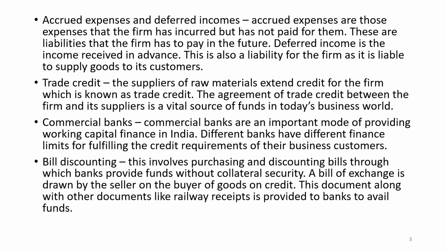The supplier who has supplied the goods to the company will give a credit period of 60 days or 90 days for the company to pay the amount. So that is known as trade credit. This is very helpful for the companies. They can get that much time to pay back the supplier who has given them the raw material.